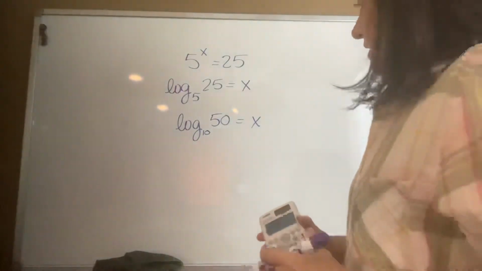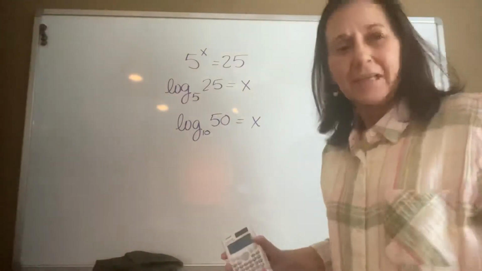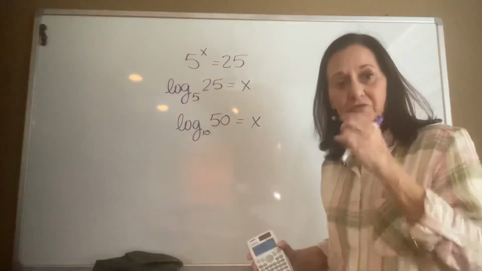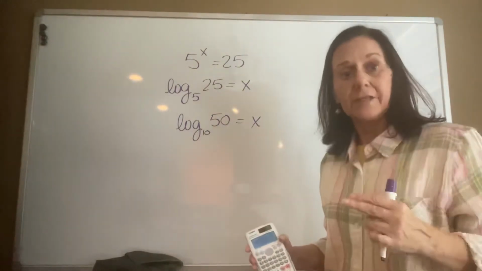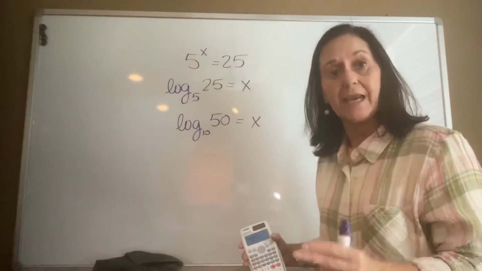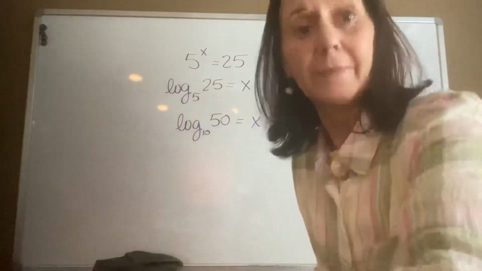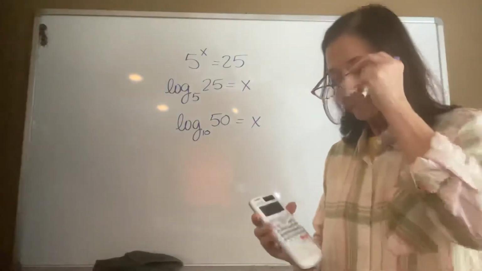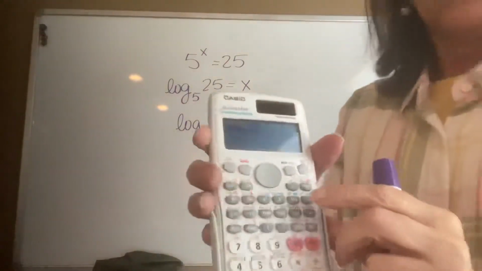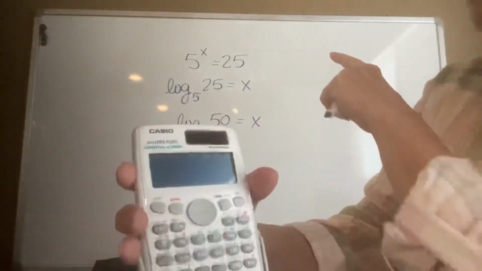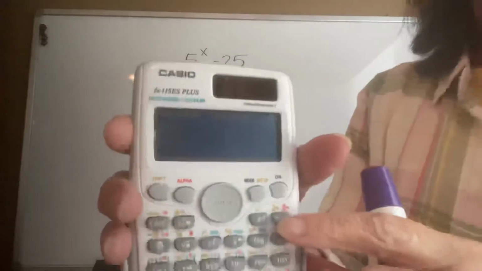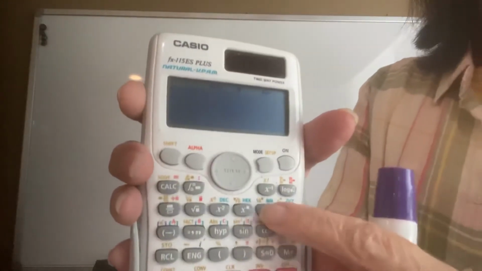So I can think in my brain, 10 raised to what power is 50? I know it's between 1 and 2 because 10 to the first power is 10 and 10 squared is 100. So it's going to be a decimal. When I want to solve this log equation in my calculator, I hit the log button.